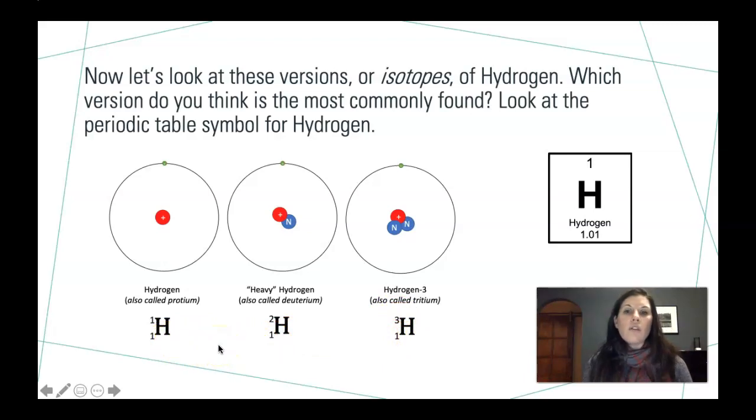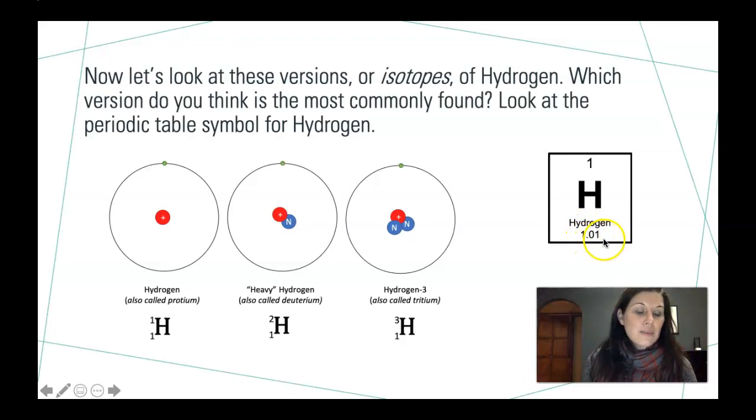Okay, so looking at these three, which isotope of hydrogen do you think is the most commonly found in the universe? How would we know that? Well, let's look at the periodic table. Look at this symbol here of our periodic table and the average atomic mass. The average atomic mass is 1.01.